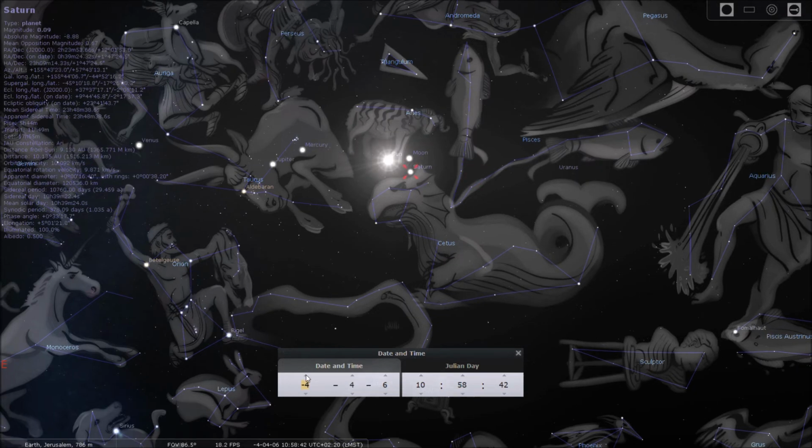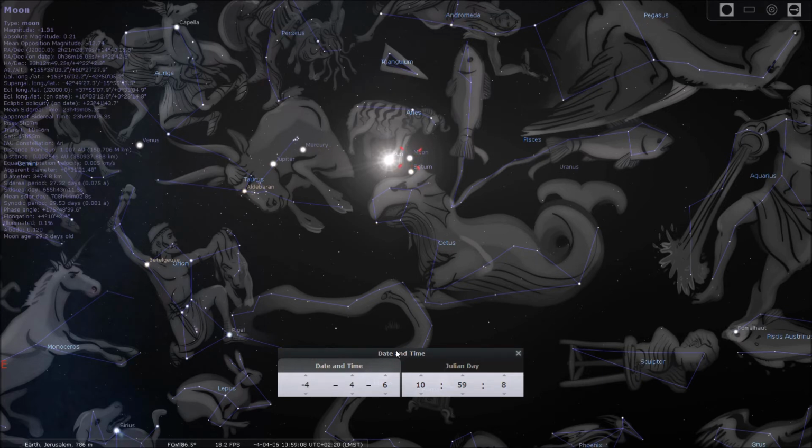So 5 BC, there's the moon. Look at that. That's a potential eclipse year. And as we found out on the other side, yes it is. It's north, not south, of Michigan.